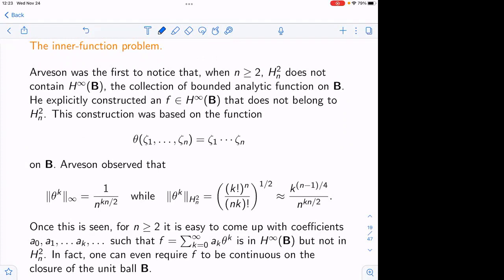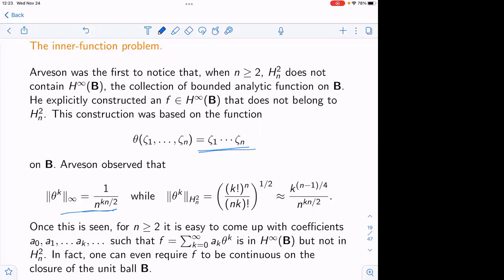In Arveson's 1998 paper, he basically looked at a function like this. His idea is that you just multiply the independent variables together, zeta 1 through zeta n, and it's straightforward to figure out what the H infinity norm of this function is.